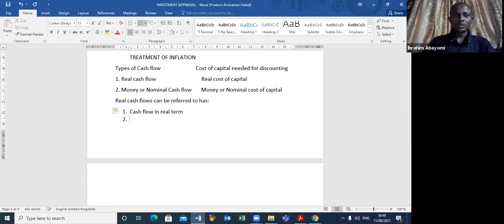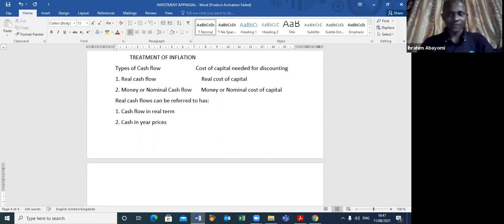That's number 2. So whenever you see this, what the question is simply telling you is that the cash flow is real. We are going to come across several of these, and I will let you know how they should be interpreted.